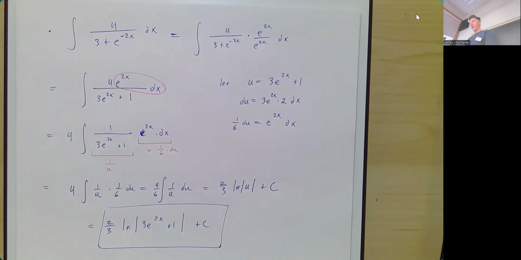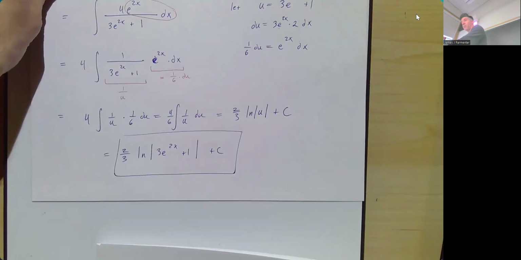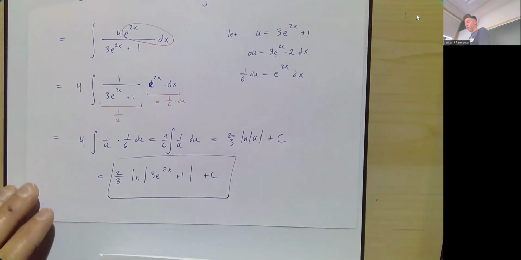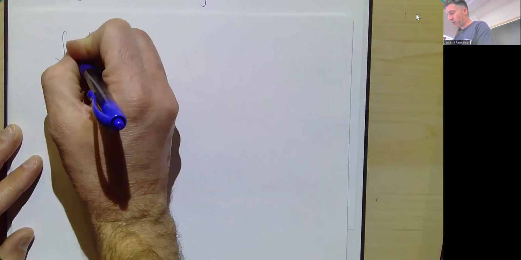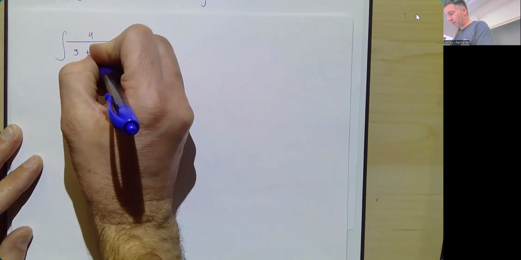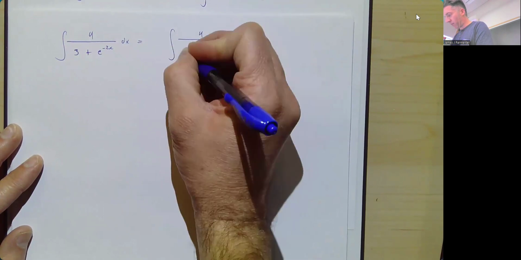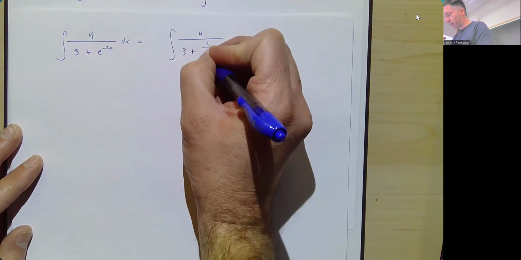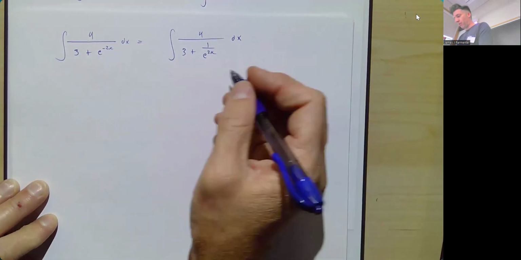The other way of getting there, if you don't like doing it this way, is fine, but it just feels cumbersome. The other way of getting there would be to take your original expression here, the integral of 4 over 3 plus e to the negative 2x dx, and rewrite it as 4 over 3 plus 1 over e to the positive 2x. And then get the common denominator in the bottom.